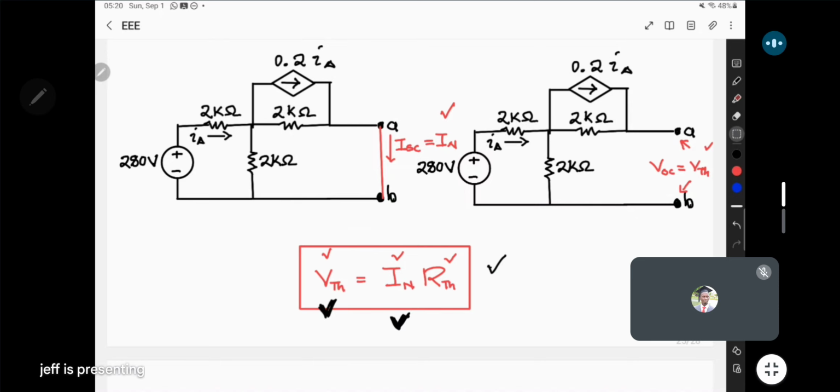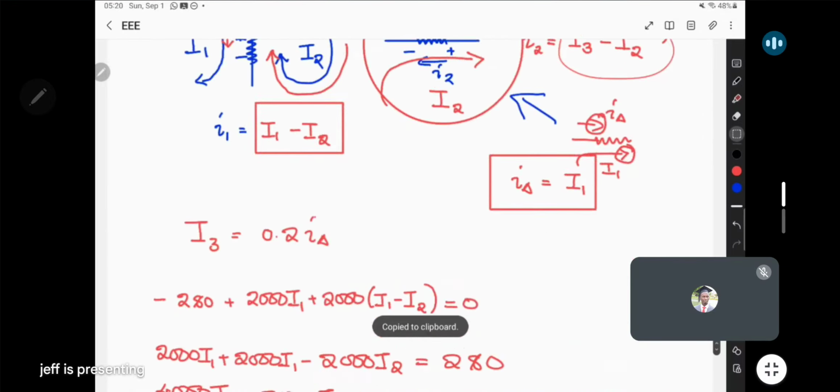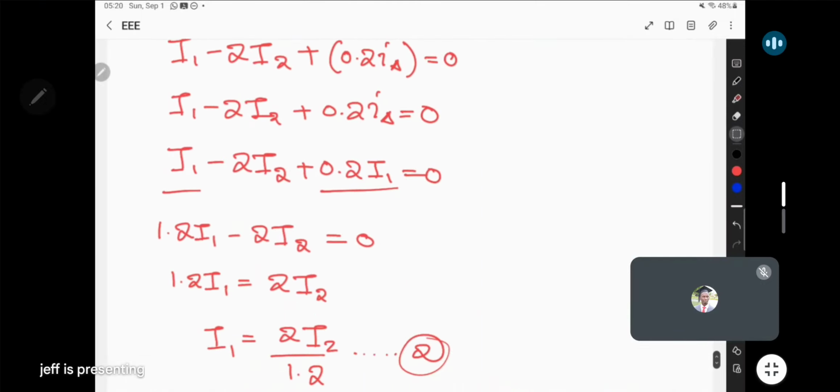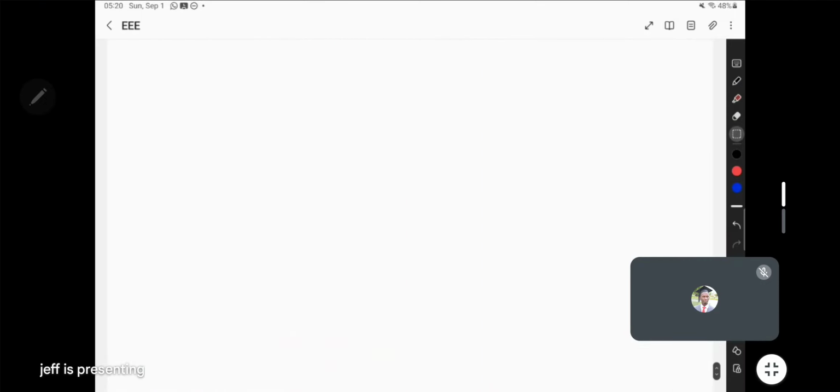So this approach is usually deployed when you have a dependent source as part of the circuit. That is when you want to take this route. In the absence of a dependent source, you might want to just go directly and find the resistance.